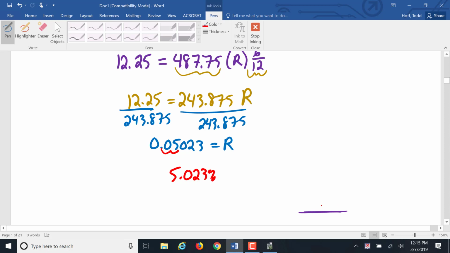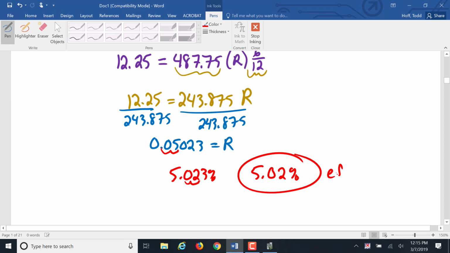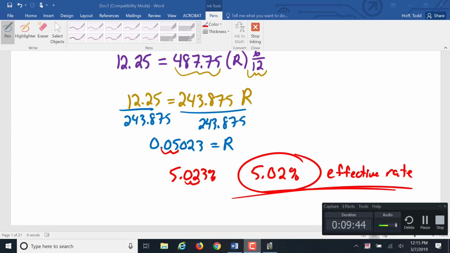And again, if it's not specified where to round, we're going to round to the hundredth of a percent. That's 5.02% is the effective rate. So that is calculating the effective rate of a simple discount note.